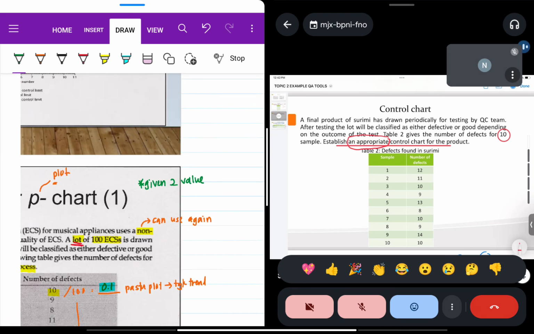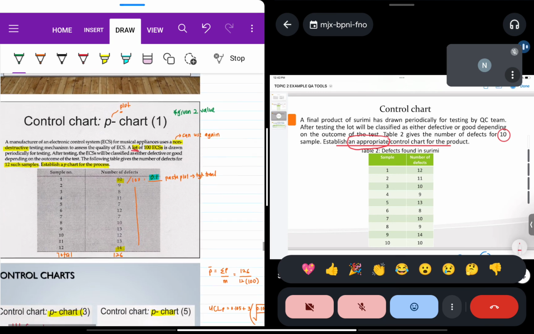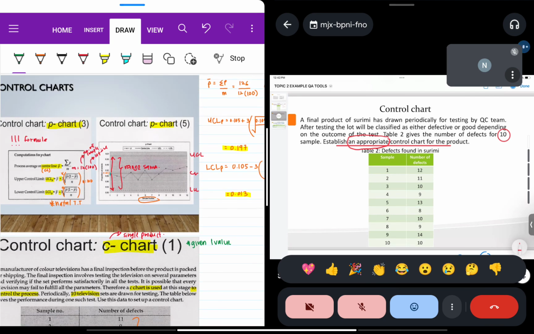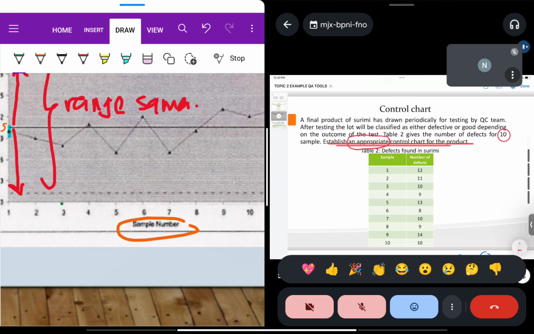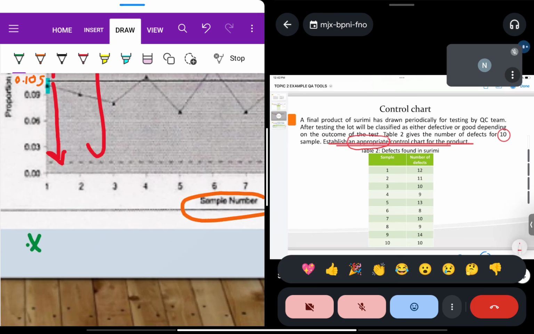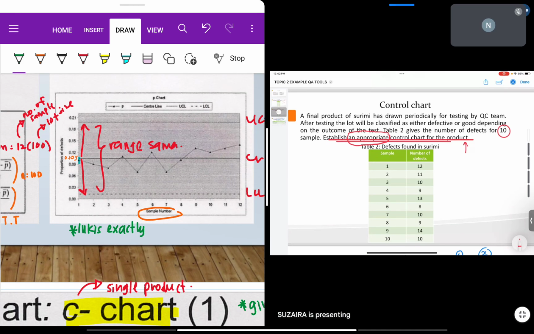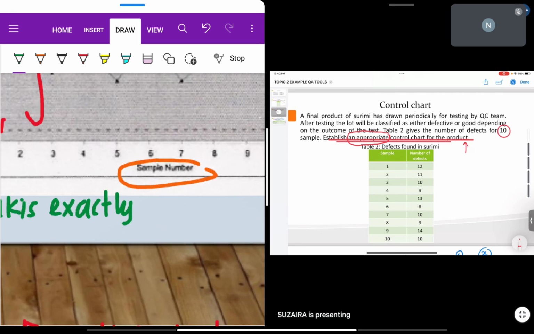Okay. To see the trend. So sometimes, like the example here, establish an appropriate control chart. You come out with the control chart, and then usually there's another question that will ask you whether the process is in control or not.